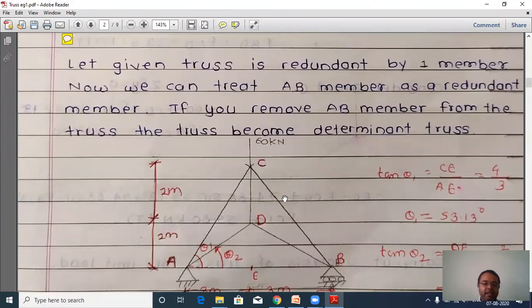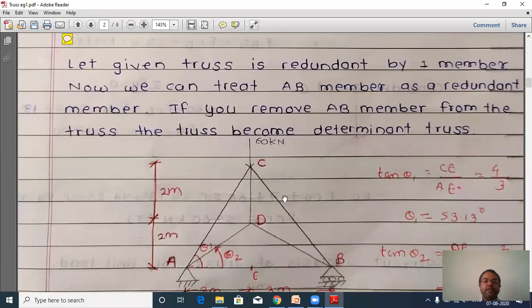What have we got for the SDI? The SDI of the truss is 1, and we have got that the given truss is internally indeterminate. Internally indeterminate means that by removing one extra member, we can make the given structure determinate.